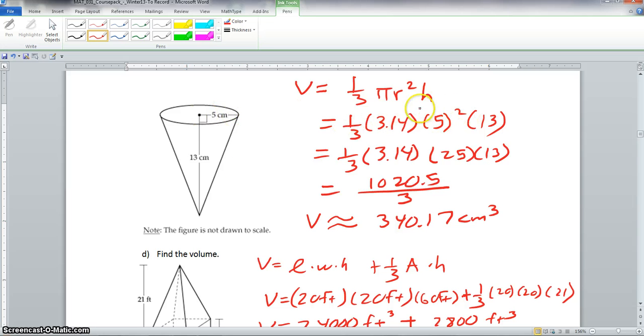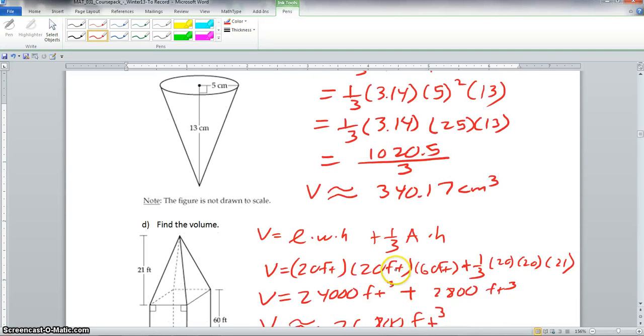So we will have 5, and the height is 13. So we have 1/3 times 3.14, 5 squared is 25, and 13. So we will multiply this out here. We will have 1,020.5 all divided by 3. So after we divide this by 3, we have an approximate volume of 340.17 centimeters cubed.